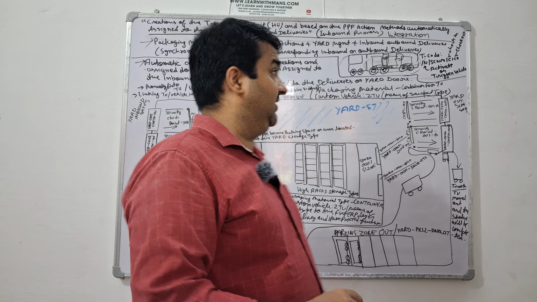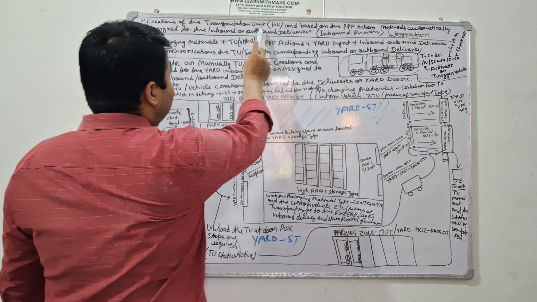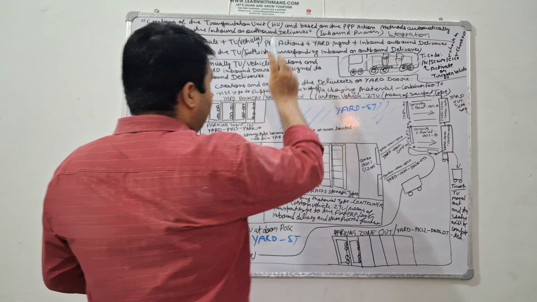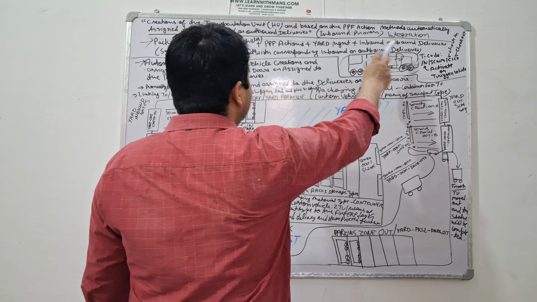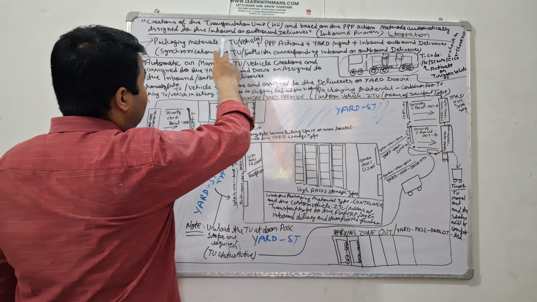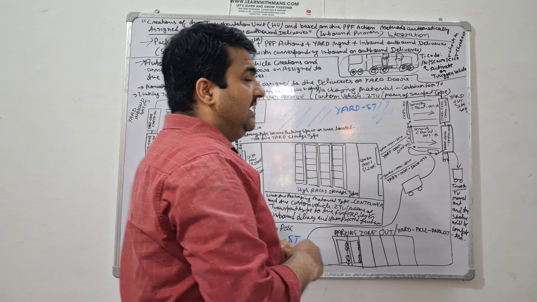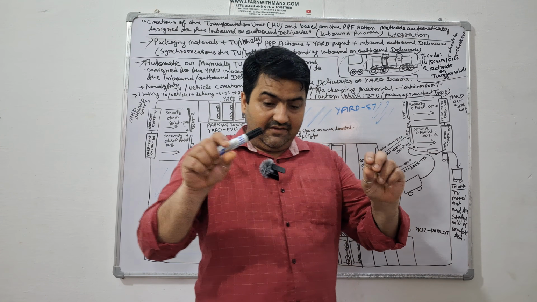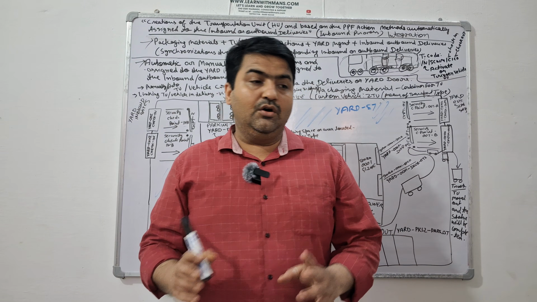So in this session we are going to understand the creation of the transportation unit or truck, and based on the post processing framework action methods, automatically we assign the inbound delivery or outbound delivery to the transportation unit. Actually we have two options here, automatically or manually.